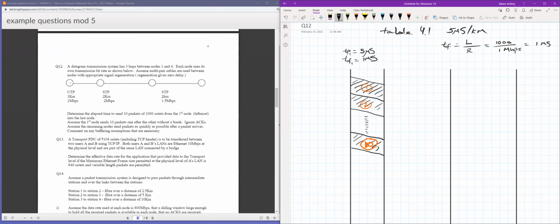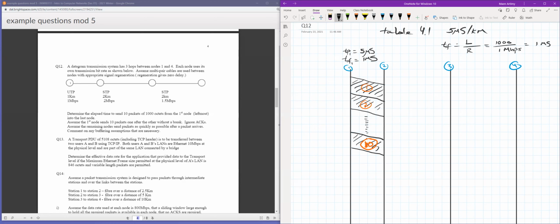Okay, so if this is 1, and this is 2, and this is 3, and 4. So node 2 cannot send the frame until the first one is received. So it will start sending from this point.